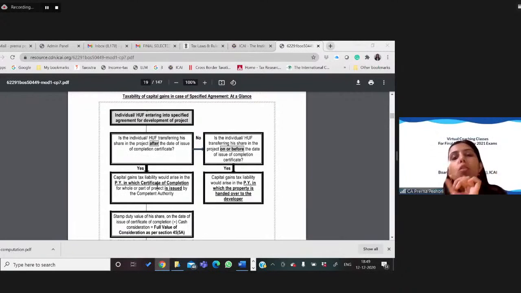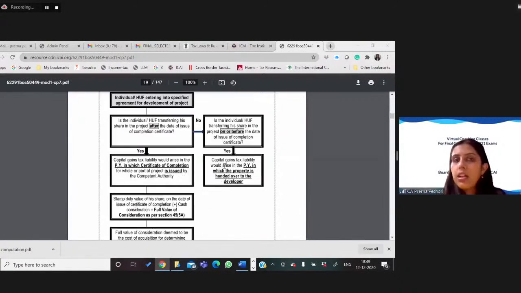If the answer is no, is the individual transferring on or before the date of issuing of the completion certificate? If yes, capital gain tax liability would arise in the previous year in which the property is handed over to the developer. Is it clear?